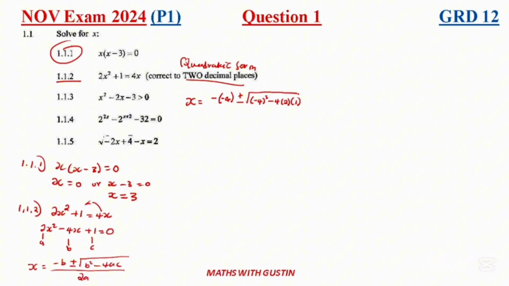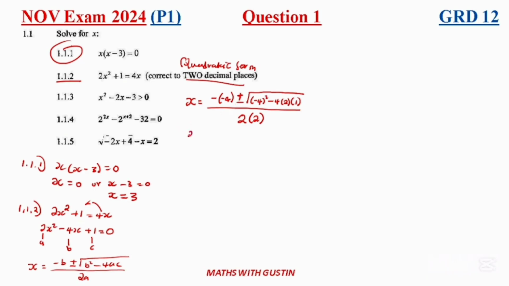Thank you very much. If you said c, it's 1, and then all over 2a. So a is also equal to 2. So I'm just gonna jump right away into my calculator. If you've got a Casio calculator, guys, you can put this all together here. I'm expecting you, because you are in grade 12 by now, you should know what to do here. The other one will be plus, then you will change the sign and put a negative.